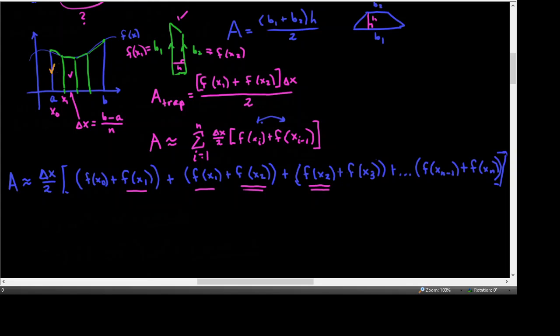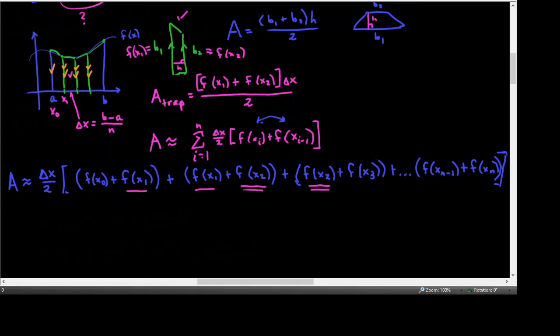The left side is used the one time. And doing the first trapezoid, the right side is used once. And then when you go to the second trapezoid, that side you've already used once is used again because it's now the left side of the second trapezoid. And we'll use the right side of the second trapezoid to get the second base. And then we'll go to the third trapezoid and we'll use the left side and then the right side again. So for all of the interior ones, they're all used twice.